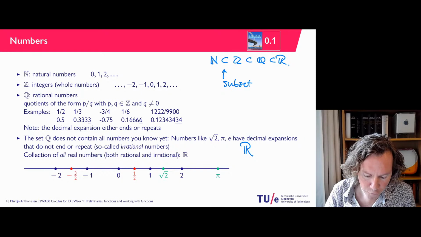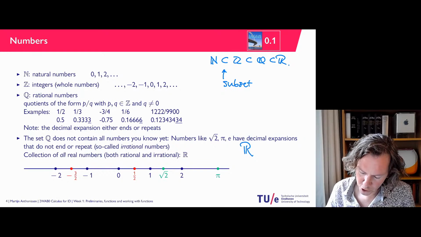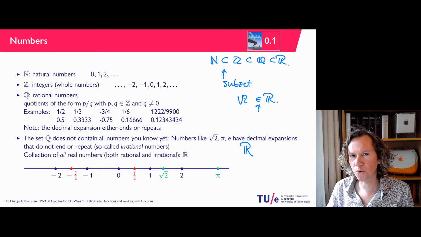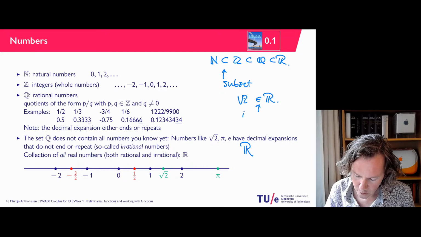And one more thing with notation, what we sometimes write is something like square root of 2 is an element of the real numbers. So this here, a kind of little euro symbol if you like, means is an element of.